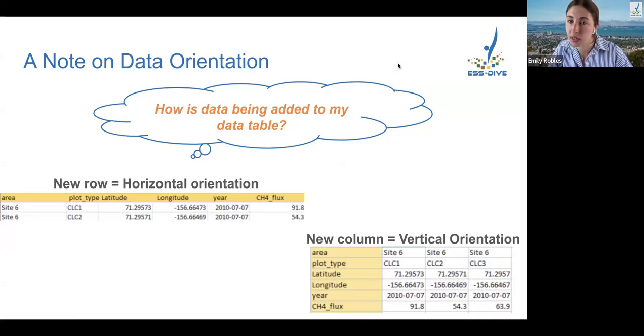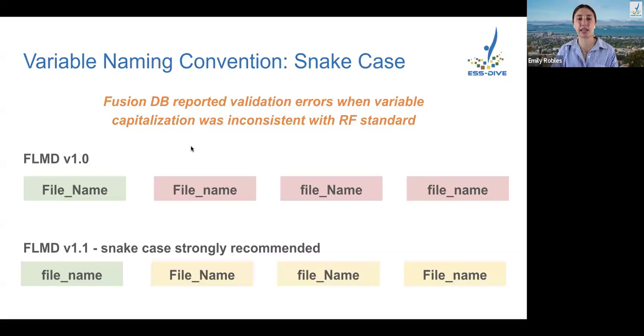And then Danielle asked, is there a benefit to changing FLMD field names to snake case since it is not required? So the move to snake case was mostly an attempt to harmonize across all of the reporting formats, since there was a lot of different capitalization going on and different formats of even the same or similar variables.